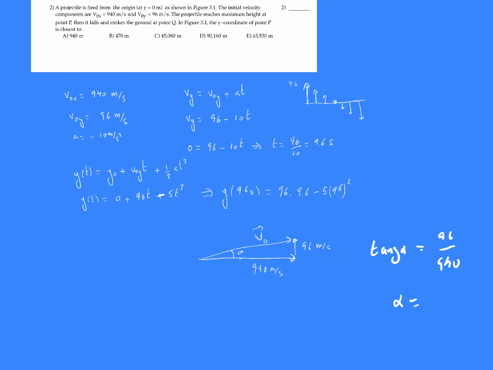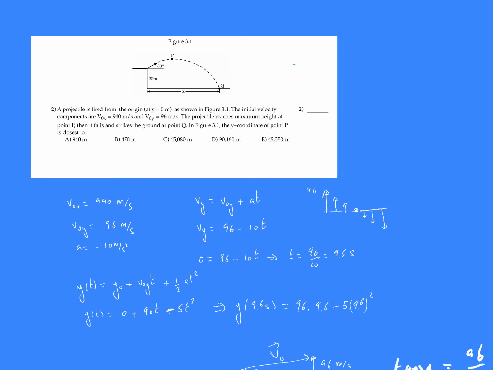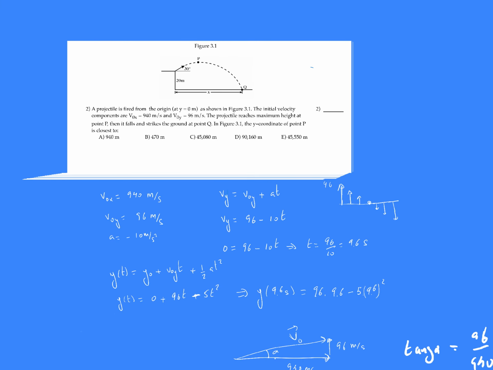So alpha is the arctangent of this amount, and it will be maybe 10 degrees. It will not be more than this. So I don't know, something is wrong in this problem. Okay, let's imagine that the 30 degrees doesn't exist.